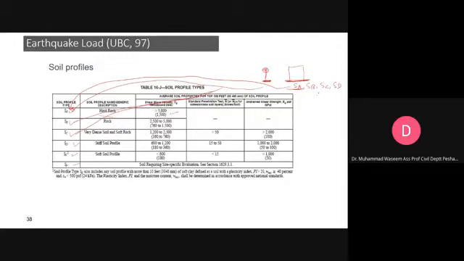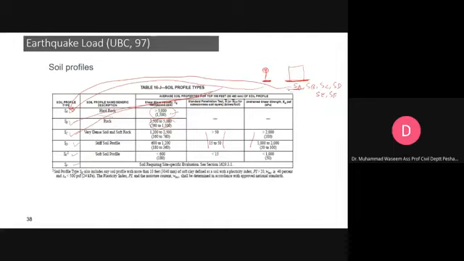SD? E and F? Okay, so this definition of SA and SB is based on some measurement of shear wave velocity in the soil. For C up to E, we can also obtain it using the SPT number or the undrained shear strength. So it is very important to know the soil classification over which you are building your building.